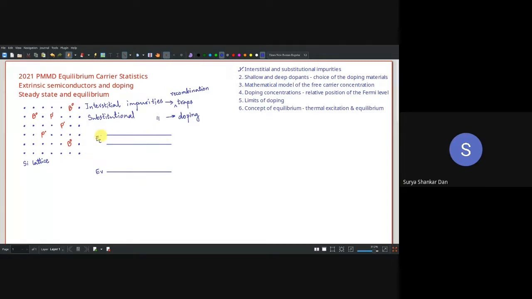Here is your EC. Here I will call it ED, that is the donor energy level.